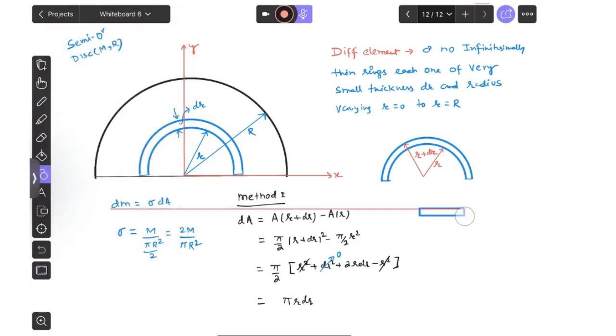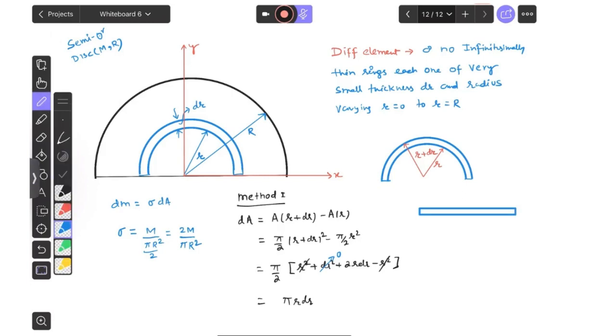It is going to be almost like a rectangle, whose width will be dr and whose length will be, since the outer and inner radius are almost the same as r, pi r.